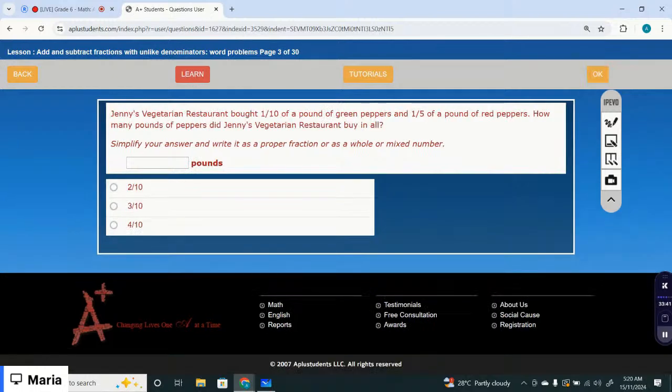The next one is Jenny's vegetarian restaurant bought 1/10 of a pound of green peppers and 1/5 of a pound of red peppers. How many pounds of peppers did the vegetarian restaurant buy in all?